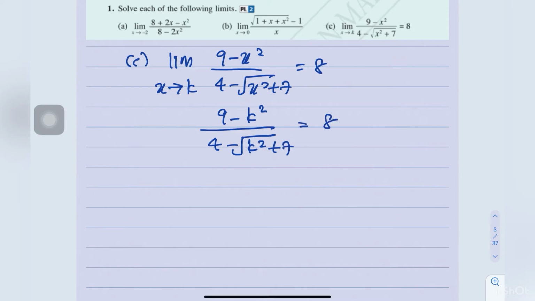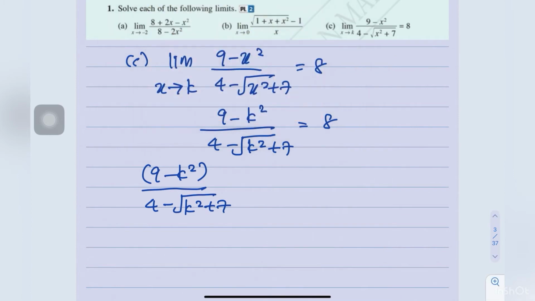To solve this kind of question, you have to multiply with the conjugate. So here (9 minus k squared) over (4 minus square root of (k squared plus 7)).